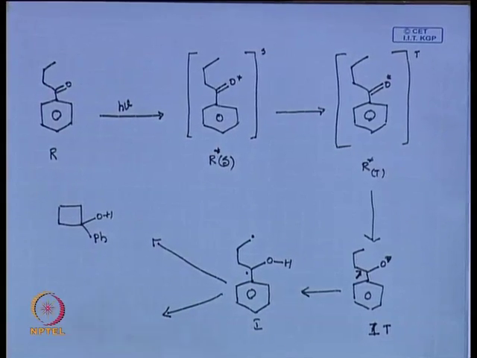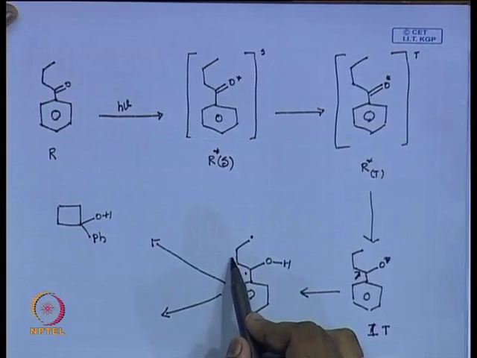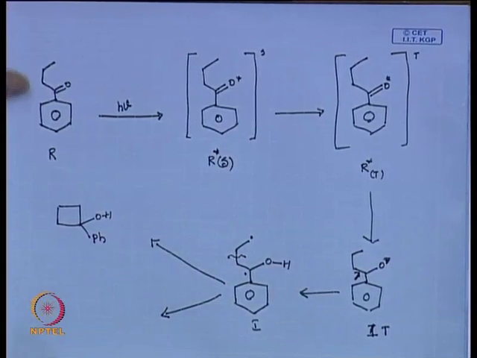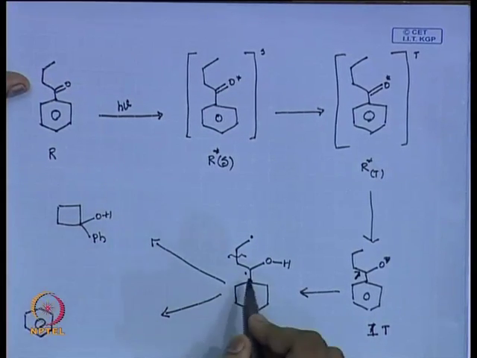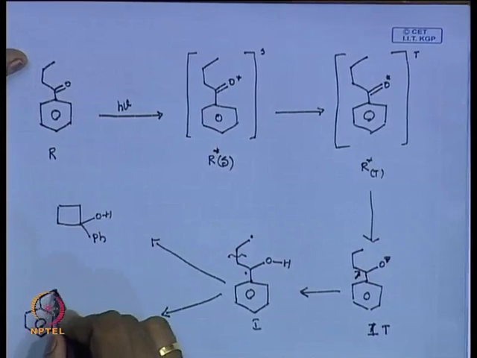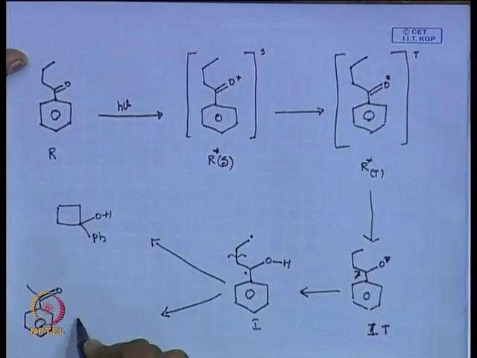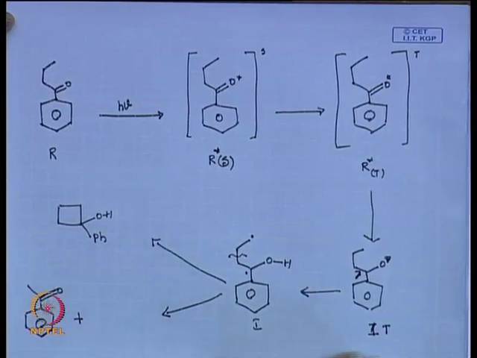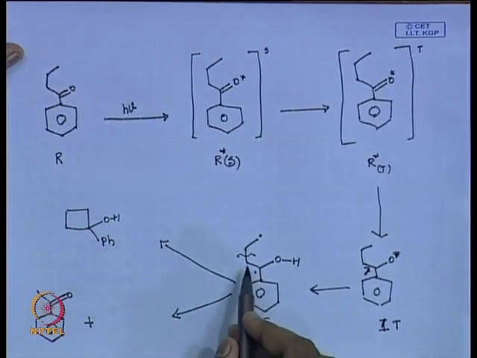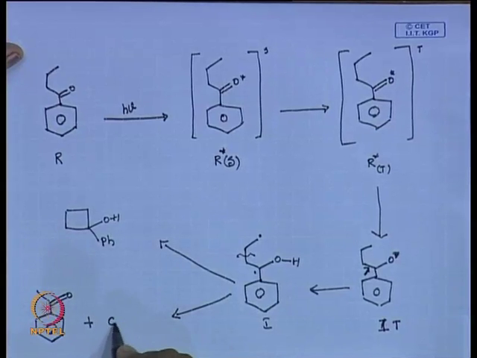Bond breaking. What bond breaks? Here it breaks this bond, all right. Then it undergoes a type II ketone alpha cleavage to give you your ketone plus it gives you your alkene.